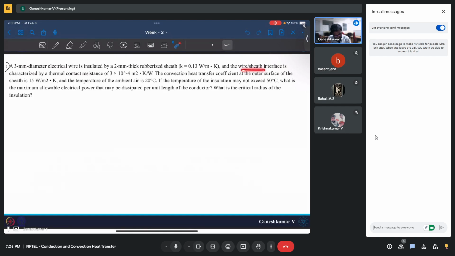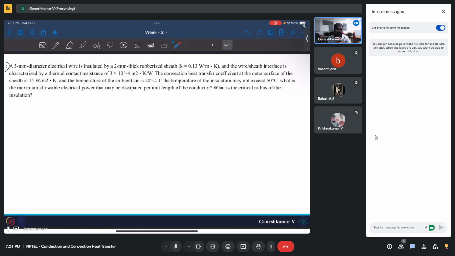So there is a wire of 3 mm diameter, and on top of it a 2 mm thick rubberized shell, or kind of insulation. In between the wire and the shell, the wire-shell interface is characterized by a thermal contact resistance of this much.